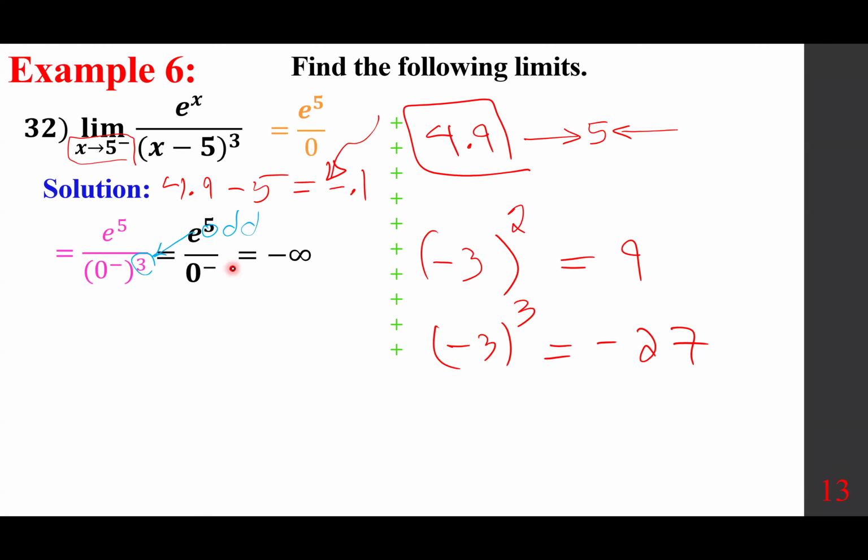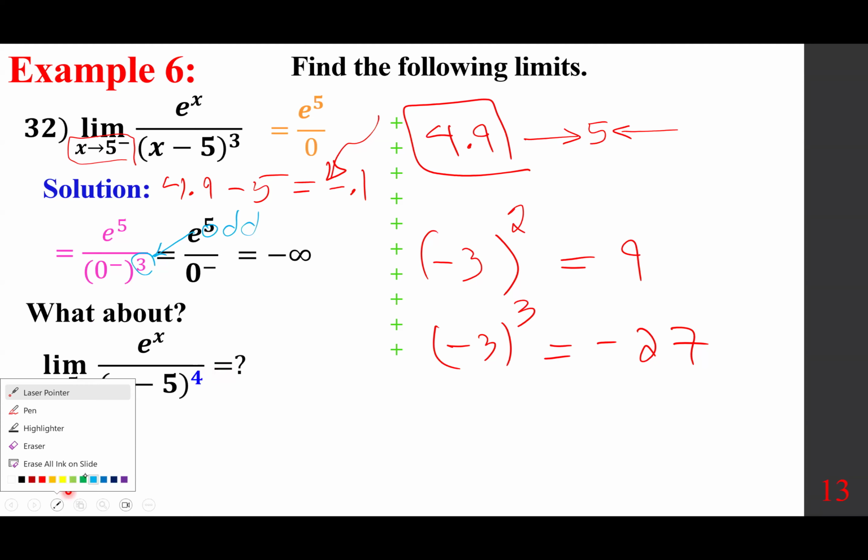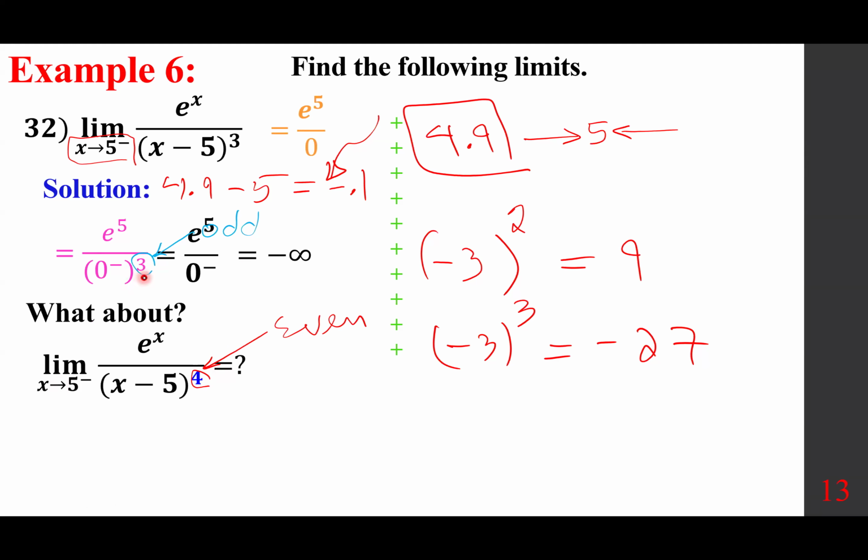To make some sense out of this, let's look at the same question. However, change the exponent to any number you want, but even this time. So the point is, the number that we are using here is even. So we have the same situation to the power of 4.